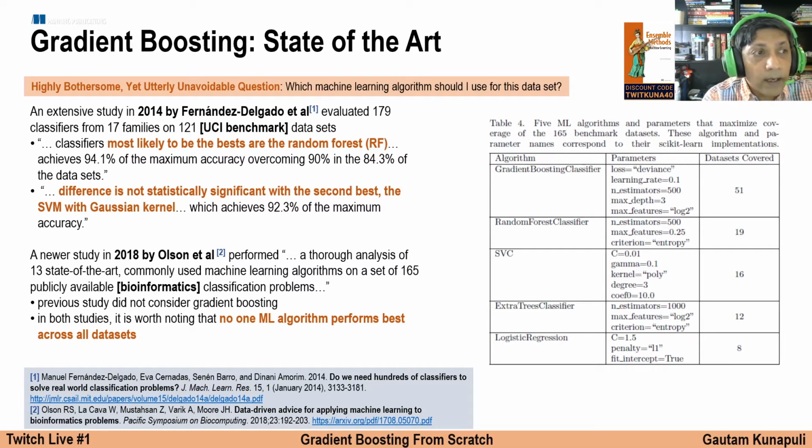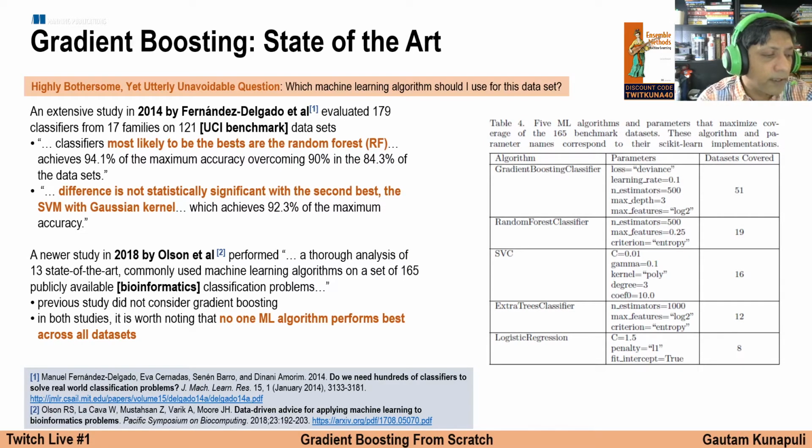And so this first work in 2014, for instance, analyzed about 17 families of machine learning algorithms on 179 data sets, which are publicly available. And they concluded, based on the algorithms and models that were available at that time, that random forests were the best, and their performance was comparable to support vector machines.